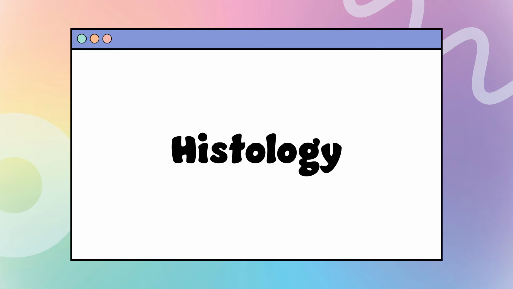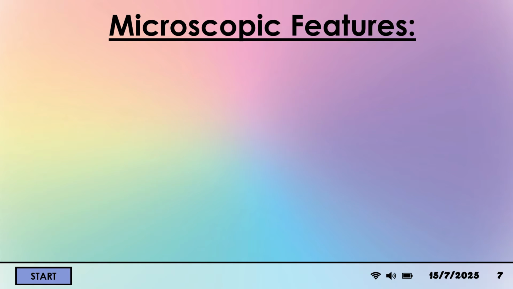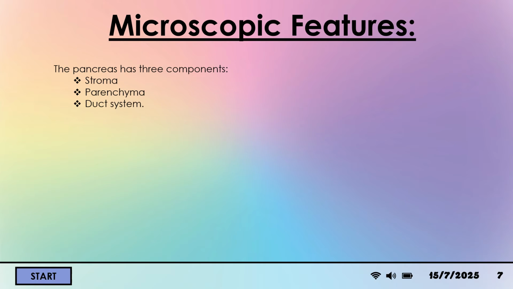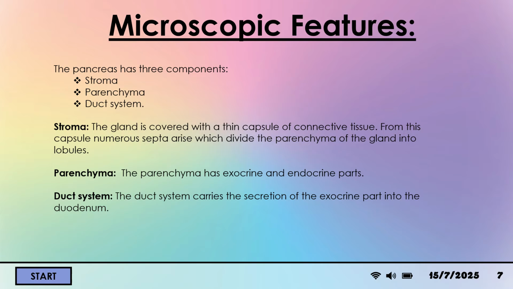Next we'll see the histology of the pancreas. Microscopically, the pancreas has three components: the stroma, the parenchyma and the duct system. The gland is usually covered with a capsule of connective tissue.